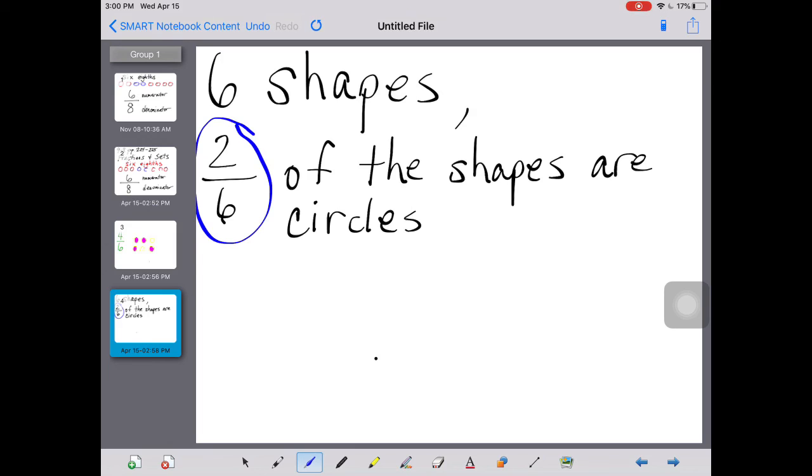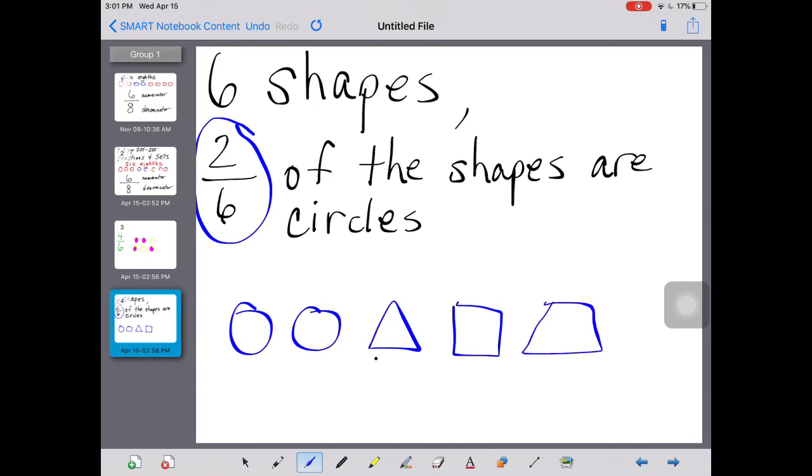So I think what I'm going to do now is I'm going to draw 2 circles because I know the numerator means what I'm describing, and they're circles. So 2 of the 6 are circles. So 1, 2. But now I need to have a total of 6 shapes. So after I draw my 2 circles, I can draw any shape I want. So let's do a triangle. Let's do a square. Let's do a trapezoid.